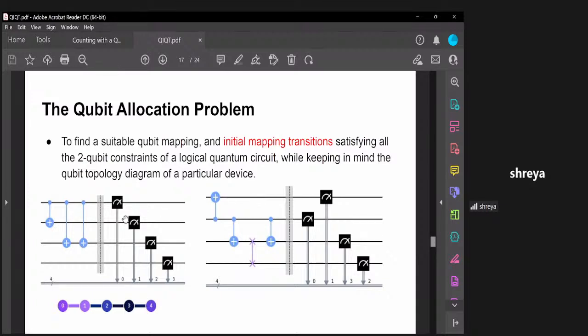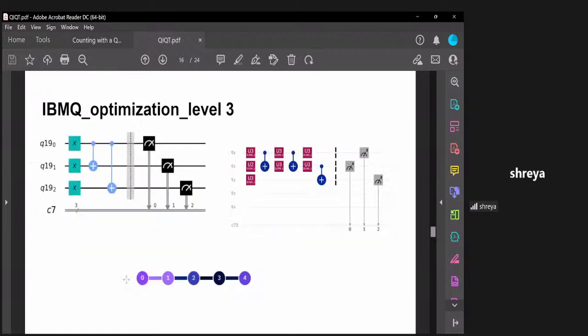You can look at the mapping of the device that you want to use. First, you find out what the parameters are, what the errors are, and choose the best possible device that is given to you, the one with the least gate errors, the one with the least connectivity errors. And then you can allocate your qubits on a user level. You do this transition. You don't depend on the IBM optimization level.